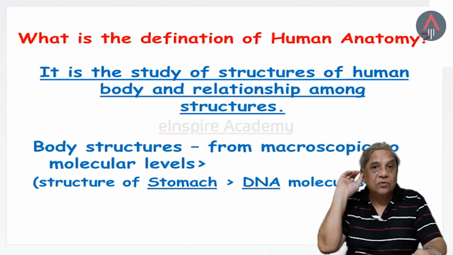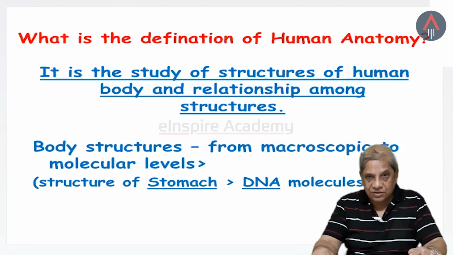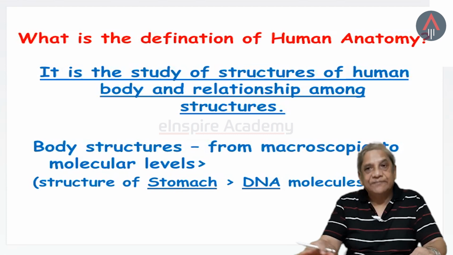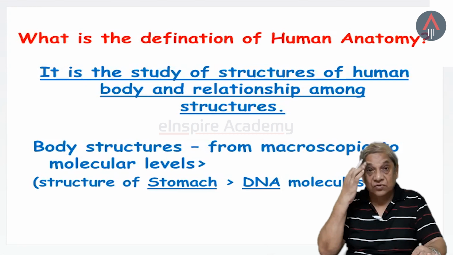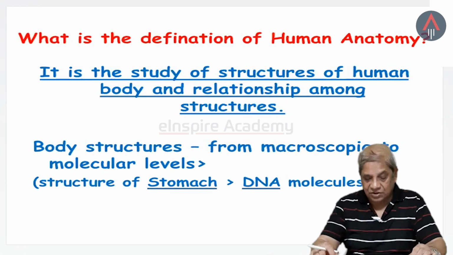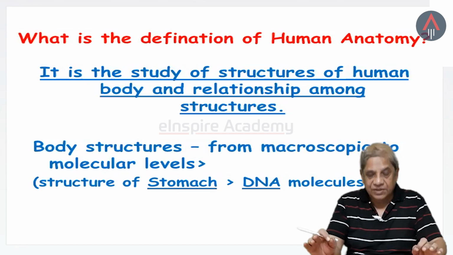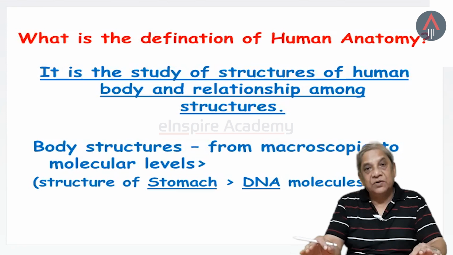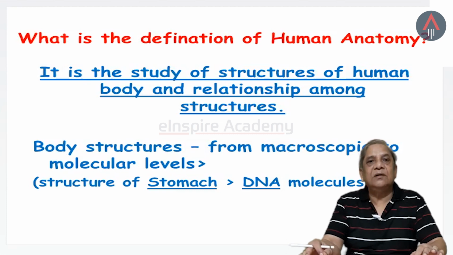You will have to go one step further, where you have to learn the structure in some cases up to the molecular level. What is the molecular constituent of a particular structure? So it is not only the broad, gross structure of, say for example, the stomach or any other organ, but also when you learn the structure of molecules like DNA, that is at the level of the molecule.